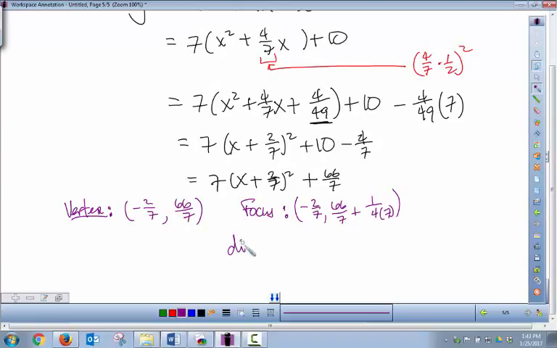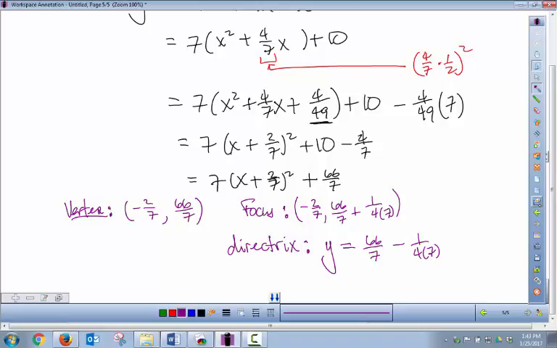The directrix is going to be y equals c minus 1 over 4a. So that would be your directrix after you simplify it.